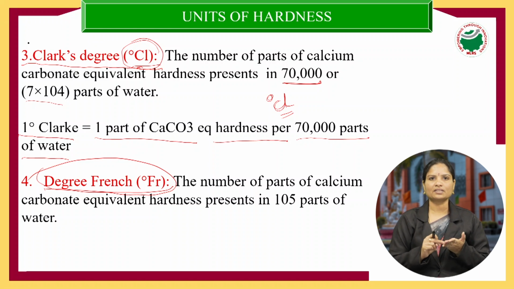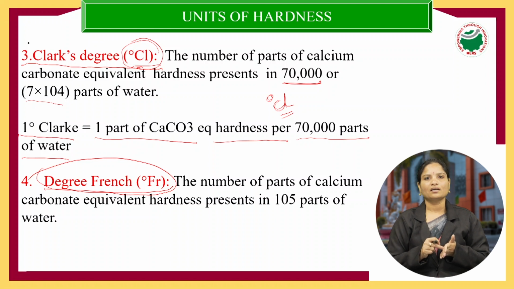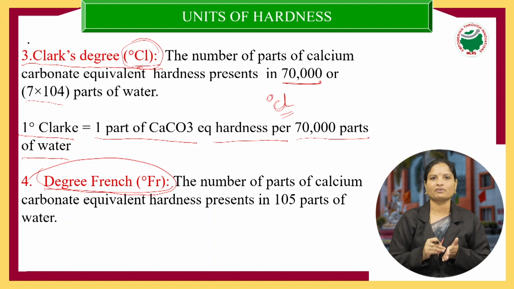Majorly we define all these units of hardness using CaCO3 equivalent weight, which is 100, for easy calculation and convenience. So we express hardness using CaCO3 to define the units of hardness.